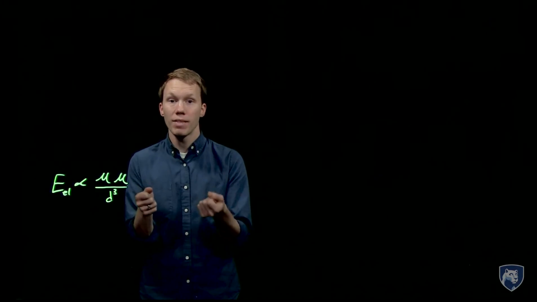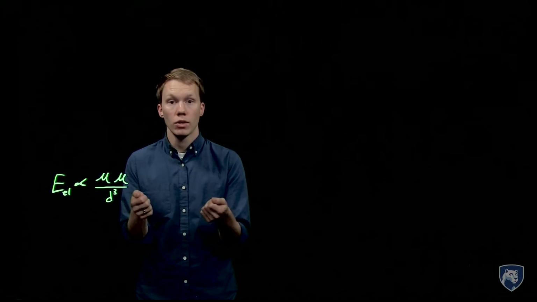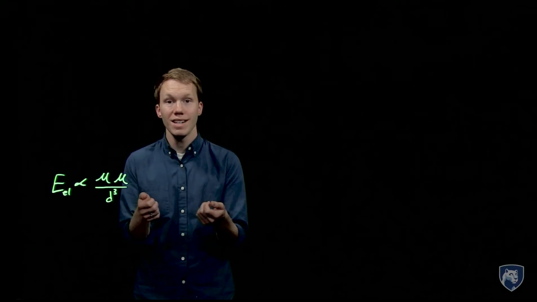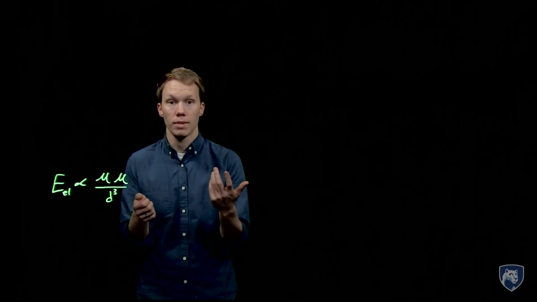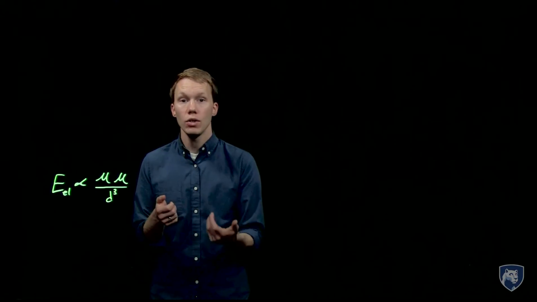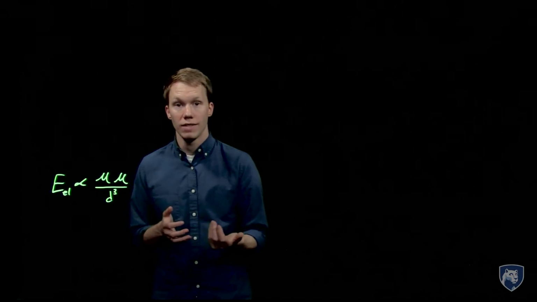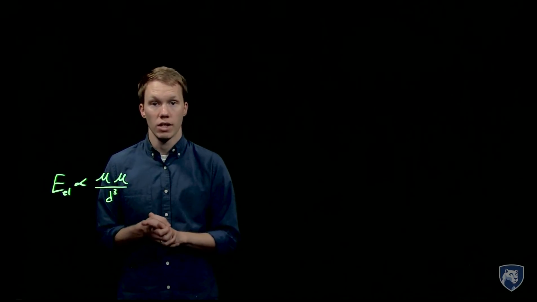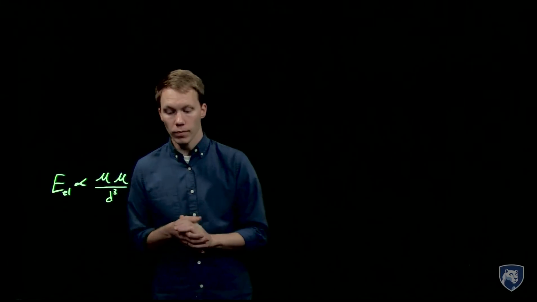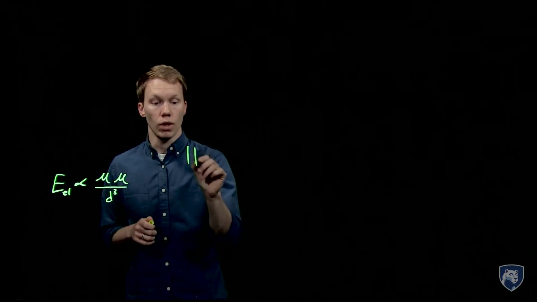But if we do the same thing for the dipole-dipole interaction, we pull those molecules further apart by twice the distance, that is an 8-fold decrease in the electrostatic potential energy. So a huge difference there with respect to the effect of distance on the electrostatic potential energy and the strength of this intermolecular force.